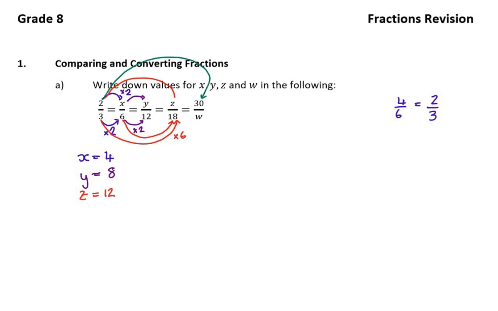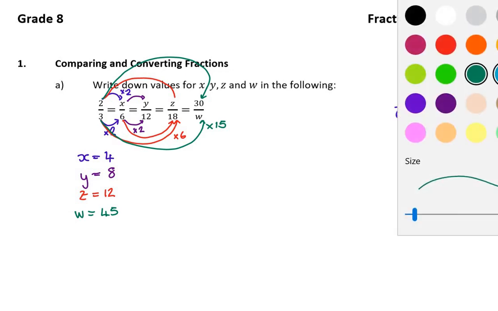That's multiplied by 15. So 3 needs to be multiplied by 15 in order to get w. And so w is equal to 45.